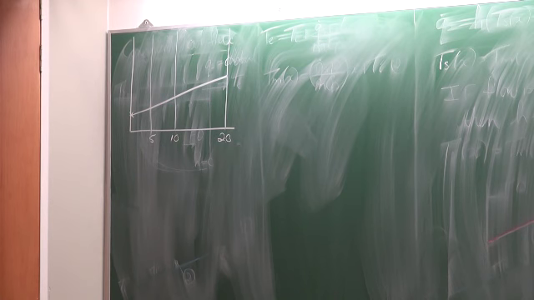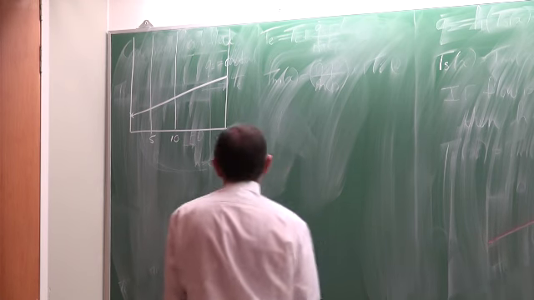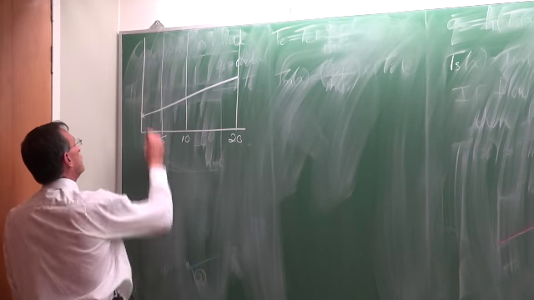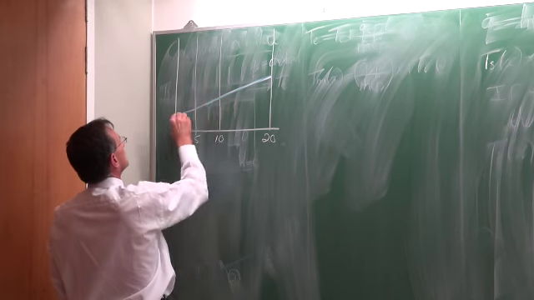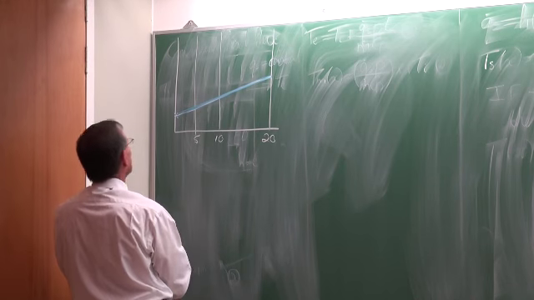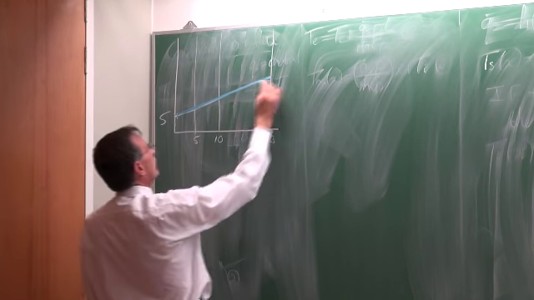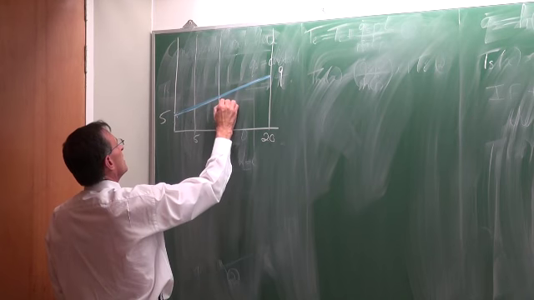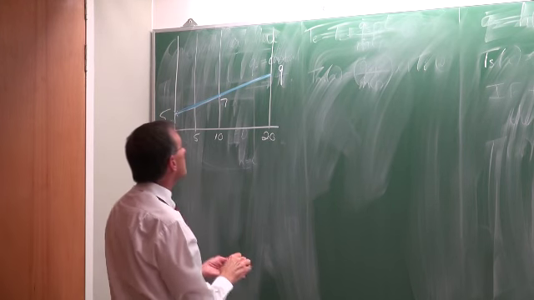Outlet temperature. The blue line for the fluid, like that. That would be 5, that would be 9, that would be 7.